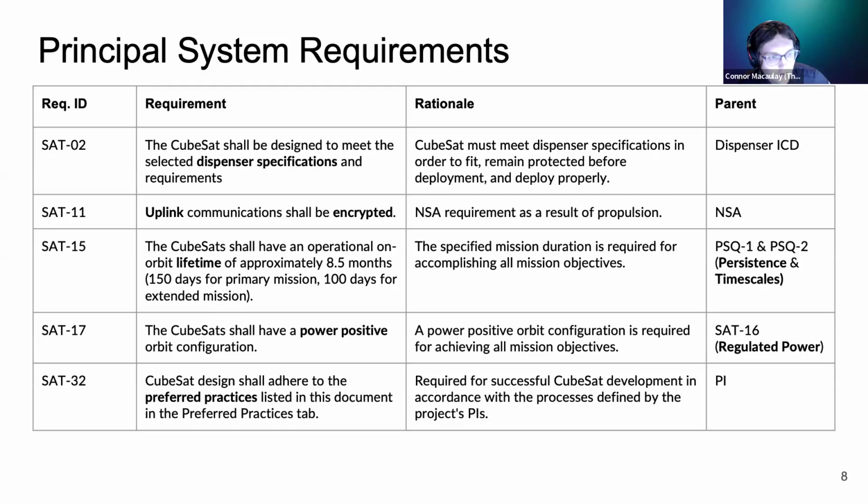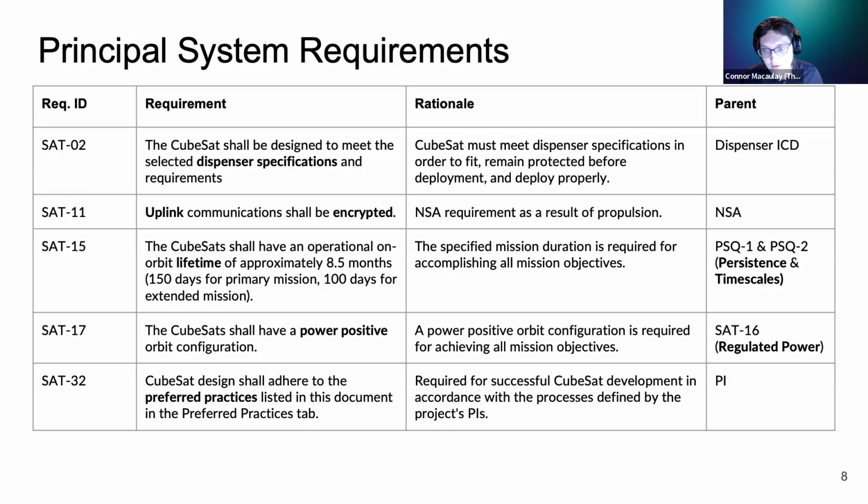For our principal system requirements, they are what you'd probably expect for a CubeSat. We have to fit in our dispenser. We have to make sure we don't brown out and stay power positive. We have to adhere to a lifetime orbit, so we comply with any FCC requirements for staying in orbit and deorbiting quickly.